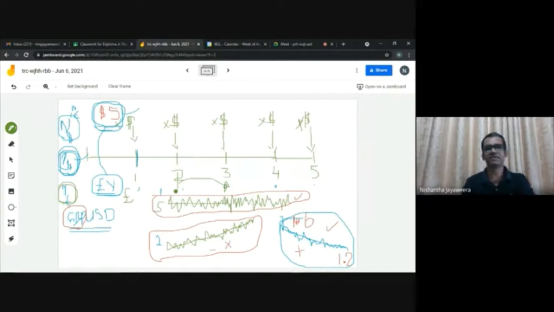So basically, a manufacturing firm or exporter, that sort of firm, they don't try to get any advantage or speculate on the interest rate or the exchange rate, because it is not their specialized area. They are specialized in manufacturing something or producing something or giving a service. So their main focus is that.